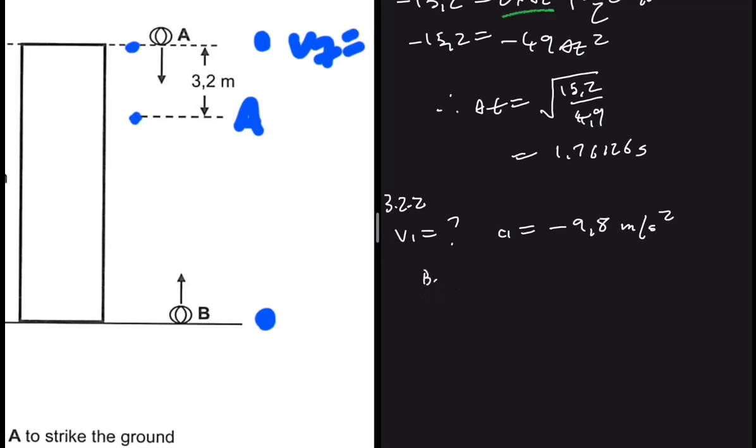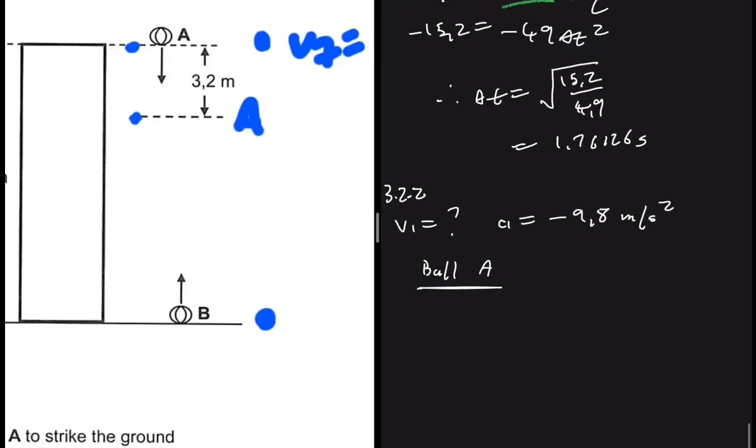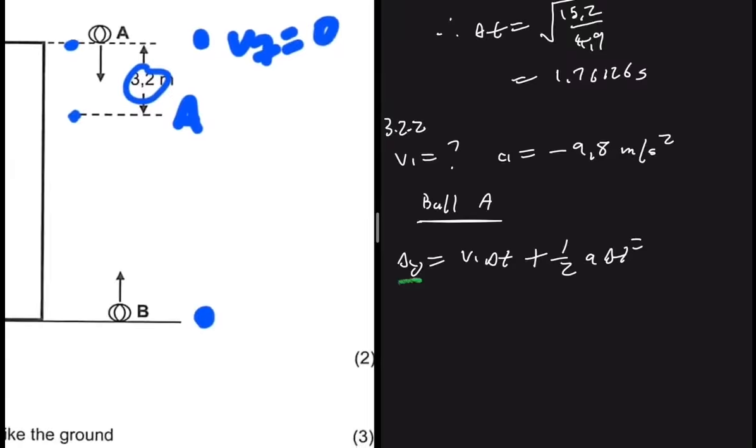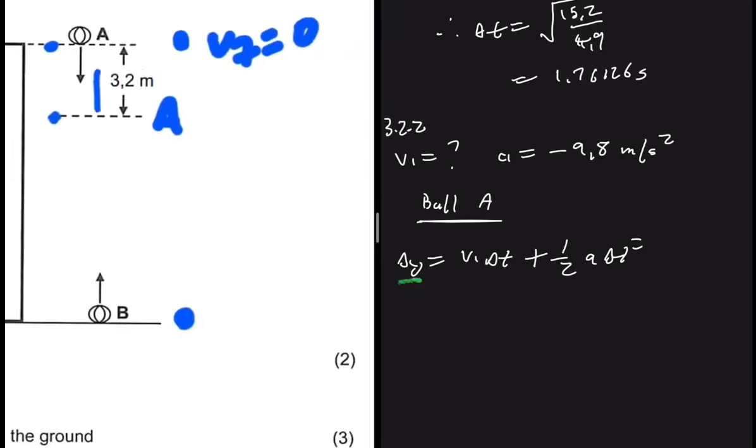So for ball A, we can say that delta y is equal to Vi delta t plus a half a delta t squared, right? So now our delta y, we can say that is minus 3.2 meters because we're looking for the time taken for only this journey. That is the time we're interested in, right? We're going to subtract it from the total time, and that will be the time for ball B. All right.